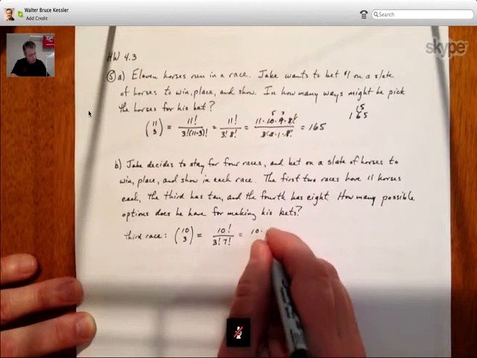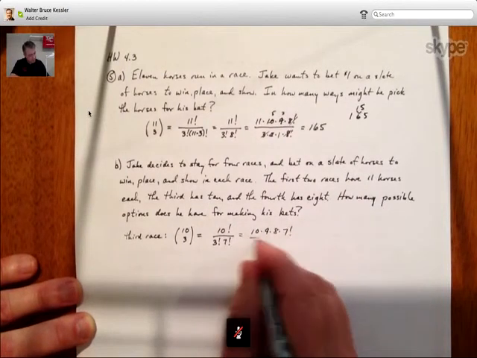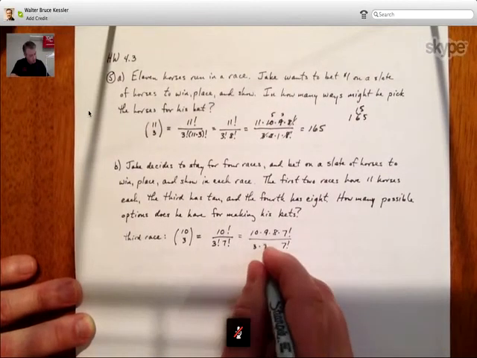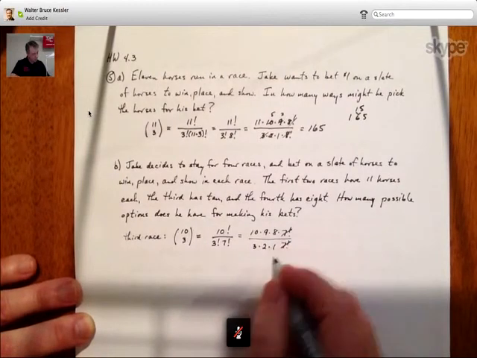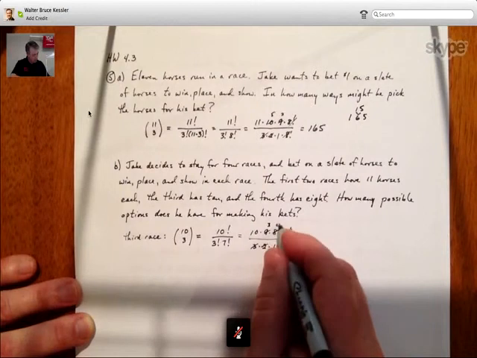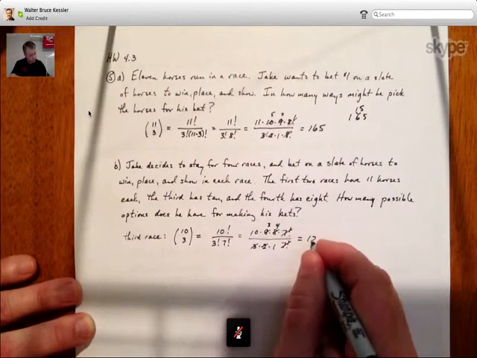So this is 10 times 9 times 8 times 7 factorial, which will cancel with that 7 factorial, and then 3 times 2 times 1, and then 3 and 4. So this is 12 times 10, which is 120.